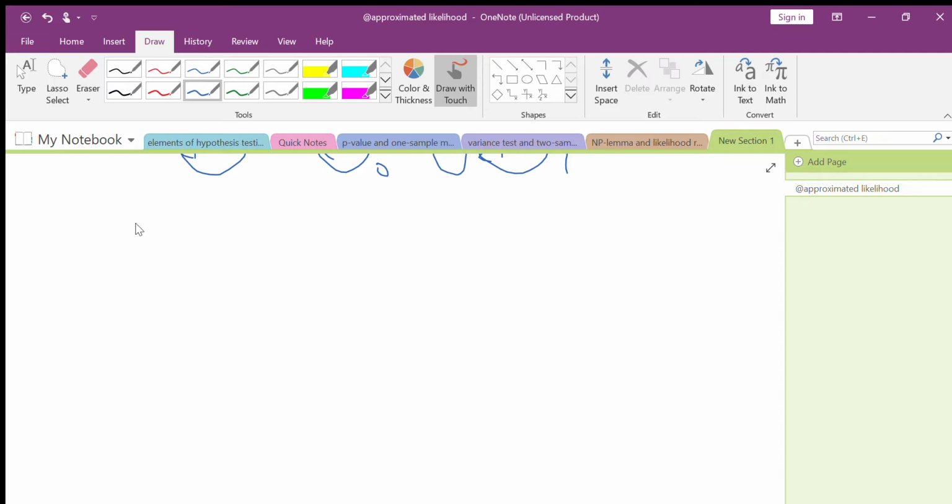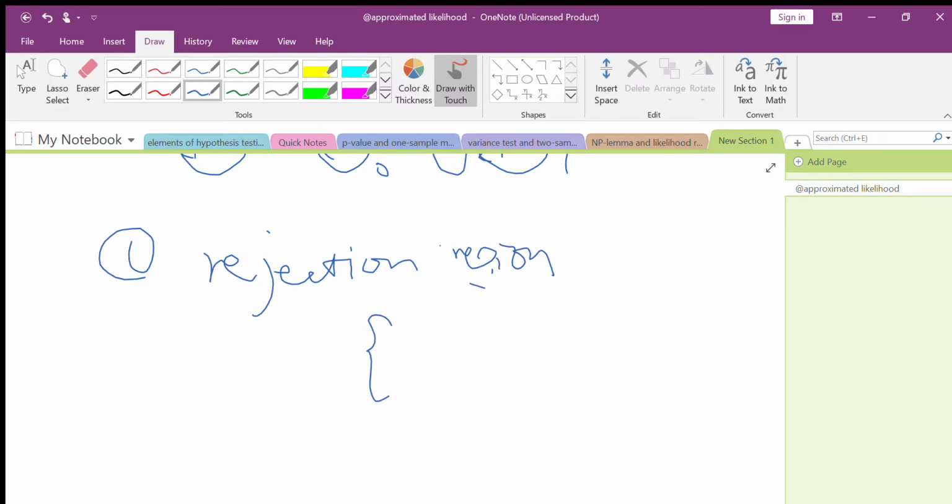And we get two steps. First is to write rejection region as such set capital lambda less than k, and how to determine k.